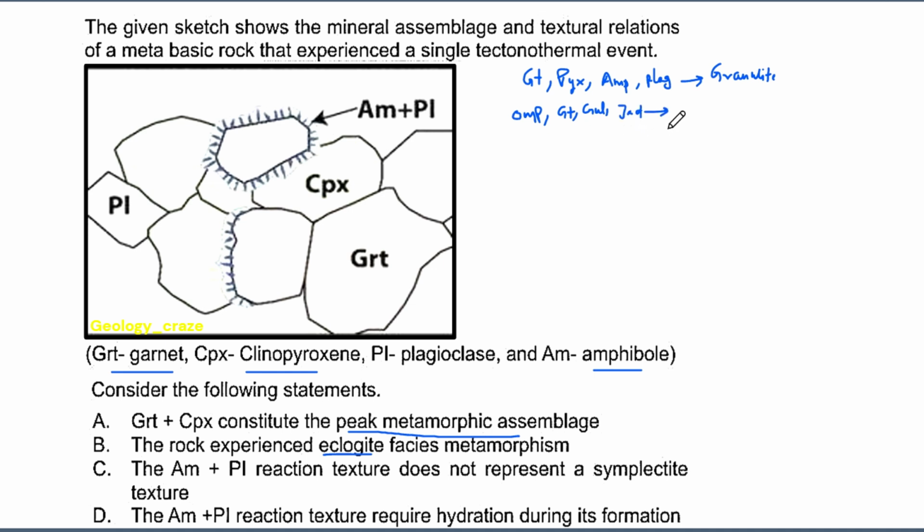Then we call it an eclogite. These mineral assemblages are on the basis of what? When the parent rock is metabasic, we will get this mineral assemblage in granulite grade and this mineral assemblage in eclogite grade.